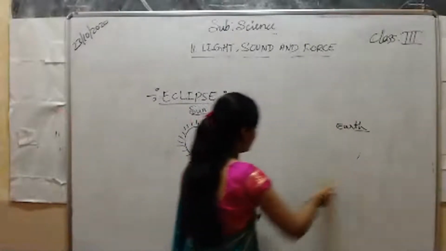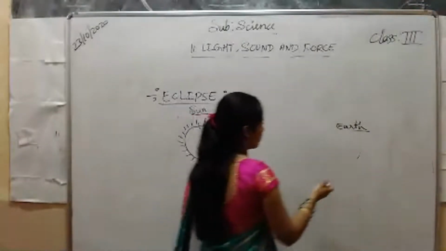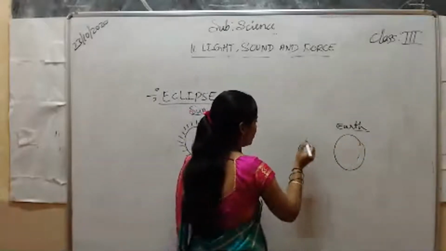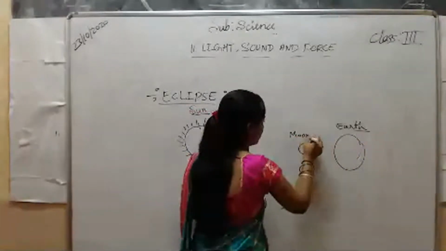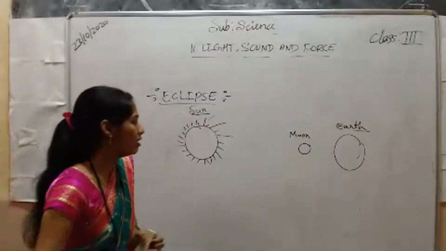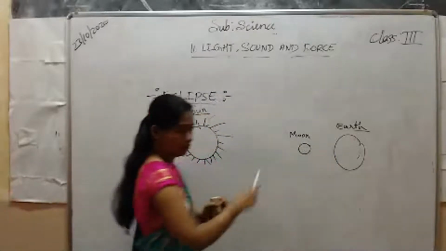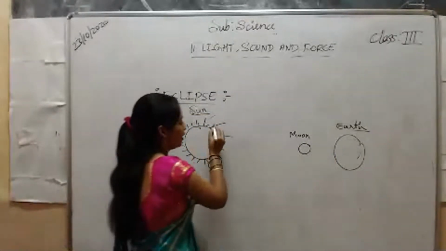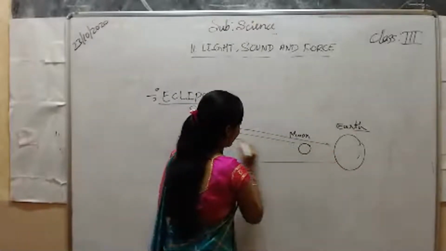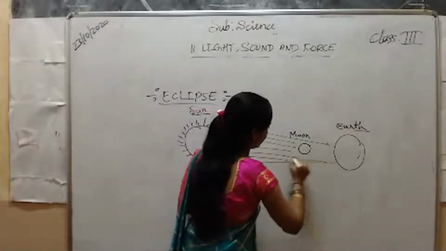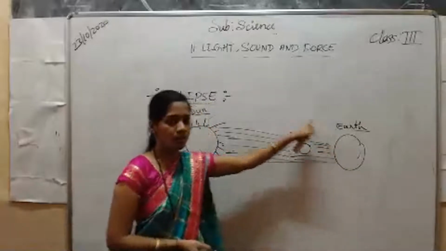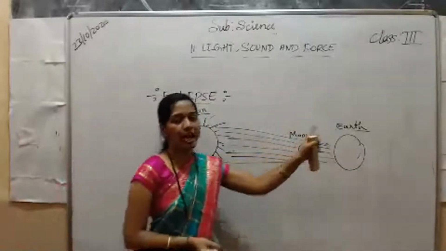Remember, students, the earth revolves around the sun and the moon revolves around the earth. This is the earth and this is the moon. The sun gives sunlight. If the moon or earth blocks the light, then its shadow is formed.